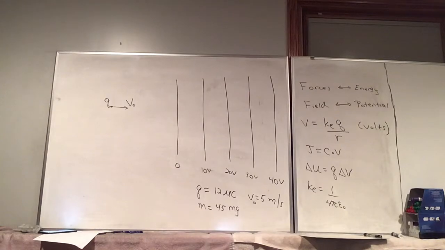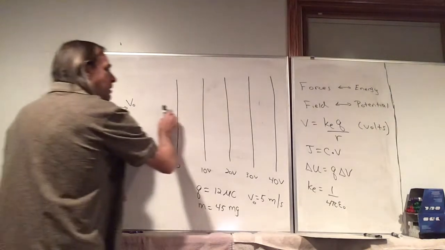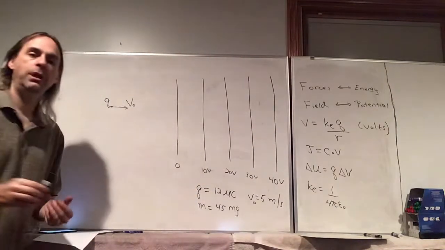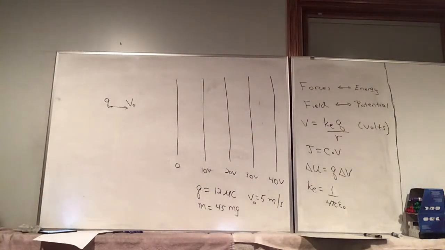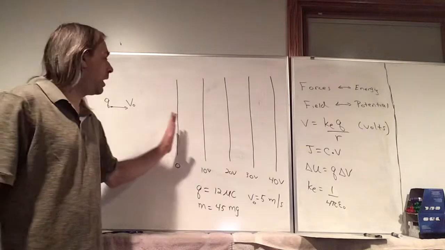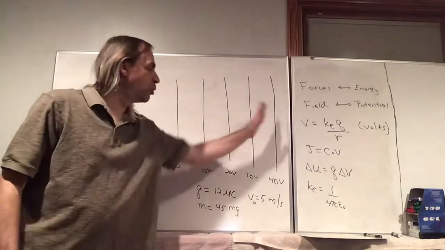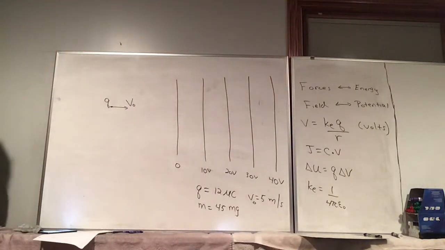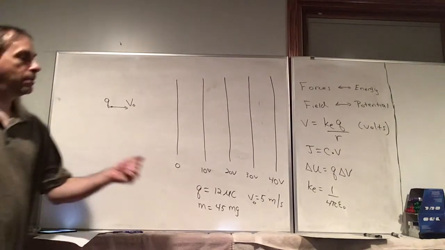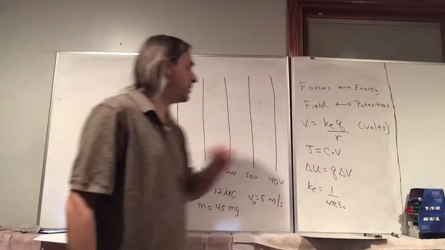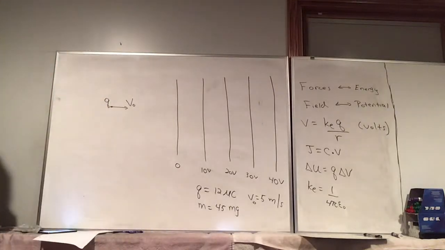And let's say this particle, once it enters this region with this potential, it's going to slow down. So when there's a potential, it's going to move through this region to some extent. And so there's going to be a change in electric potential, delta V, which means there's going to be a change in potential energy.